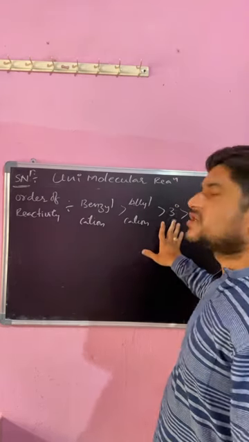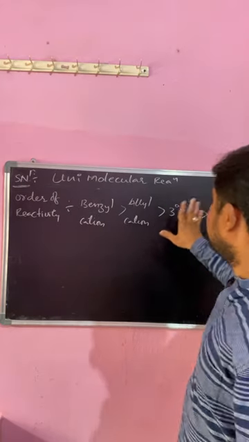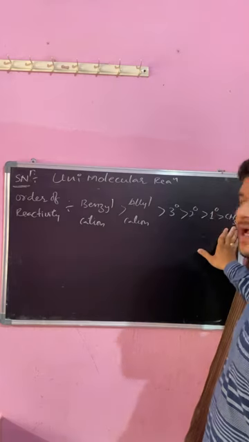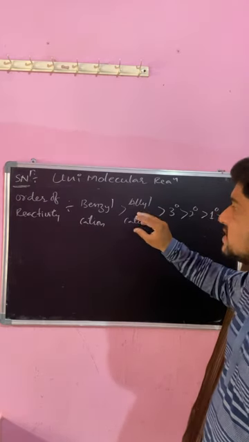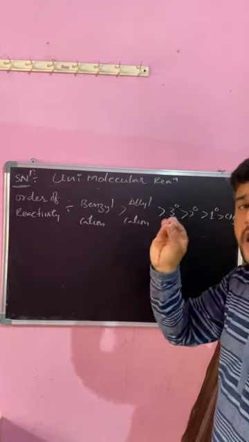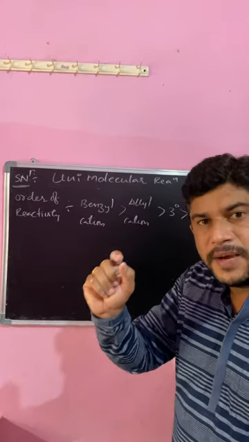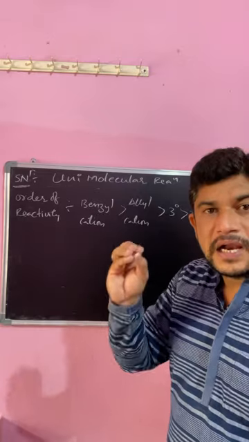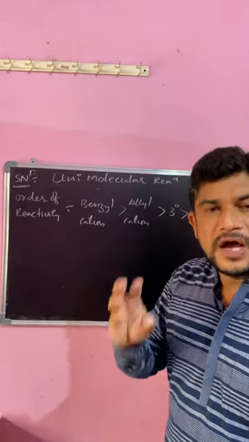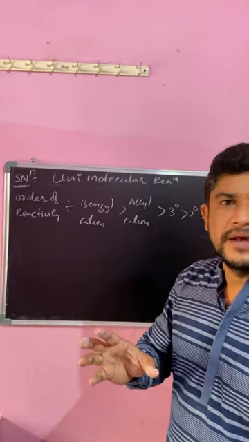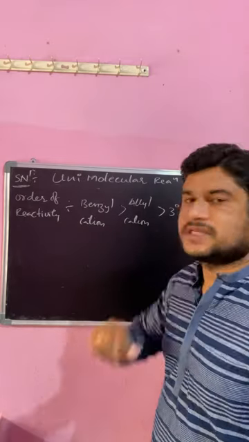After that tertiary carbonium ion, then secondary carbonium ion, then primary carbonium ion, then methyl carbonium ion. This is the order of stability of carbonium ions. In the rate determining step, the carbonium ion is formed, so the alkyl halide which forms the more stable carbonium ion readily participates in the SN1 reaction.